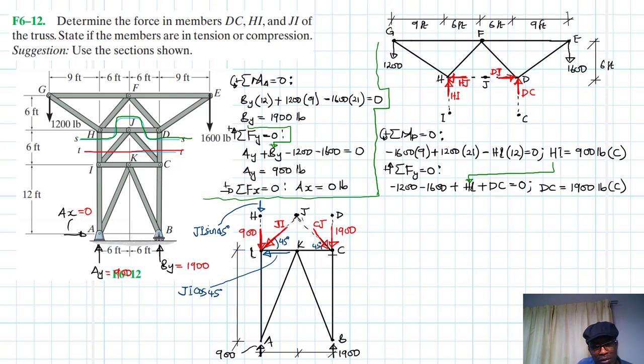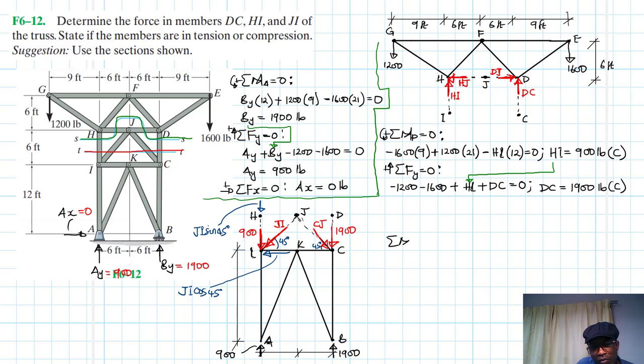Their moments about point C will be equal to 0 because their lever arms are equal to 0. The only forces that will participate are the support 900 AY, as well as HI 900, and the component of JI, which is JI sine 45.